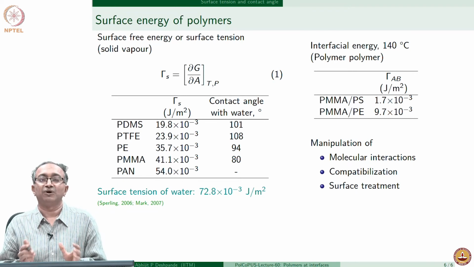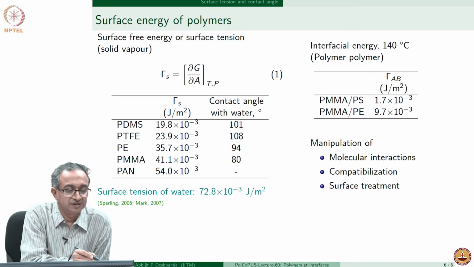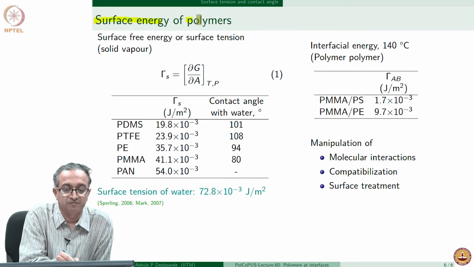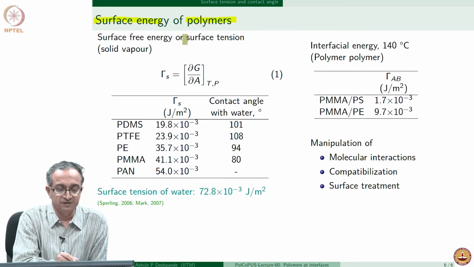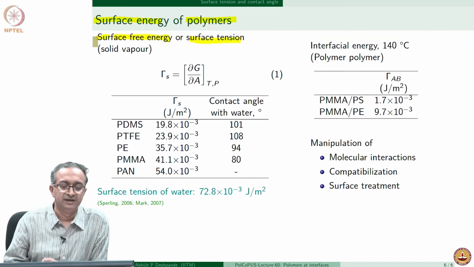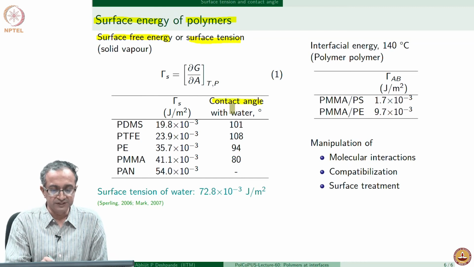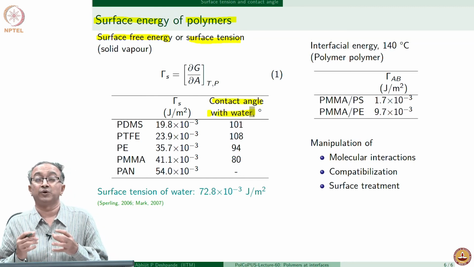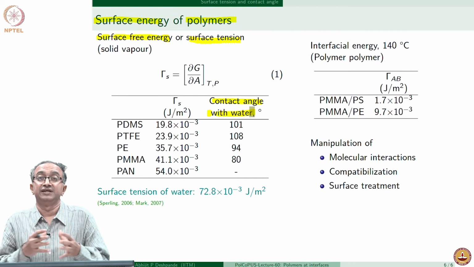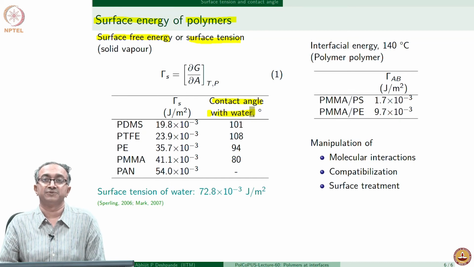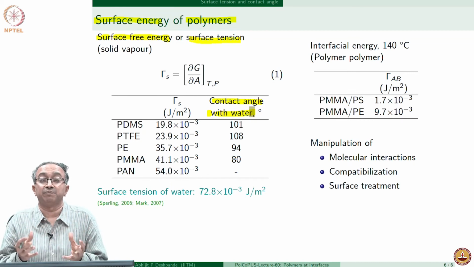And one way to talk about the properties of an interface is to talk in terms of what is the surface energy of polymers. And so, the surface tension or surface free energy is one common way of measuring the properties. This can also be measured in terms of what happens when a different liquid is placed on a polymeric substrate, and what does it do in terms of a drop.